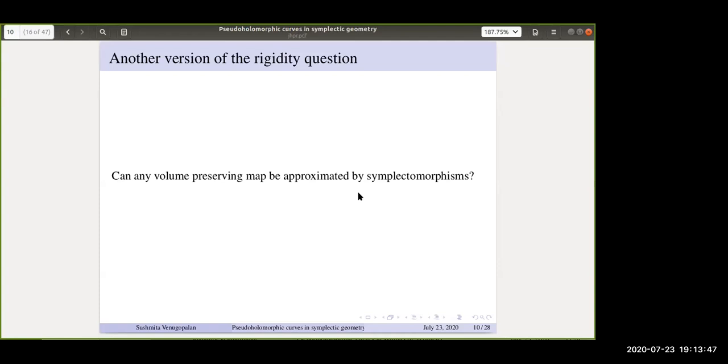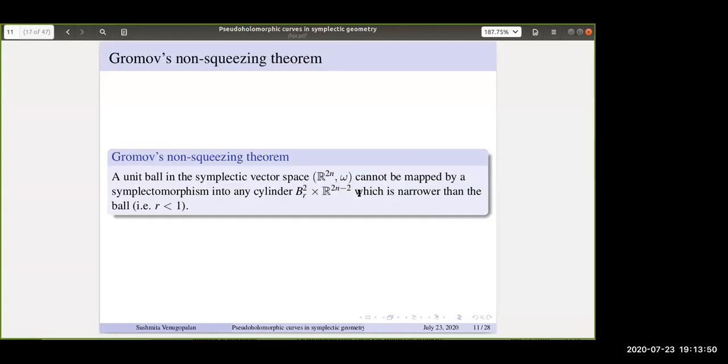The answer to this question is no, as captured by this theorem proved by Gromov in 1985. It's a very classic theorem. If you attend an introductory talk in symplectic geometry, it is just going to be there. The theorem says that a unit ball in the symplectic vector space cannot be mapped by a symplectomorphism into a cylinder whose radius is smaller than 1.